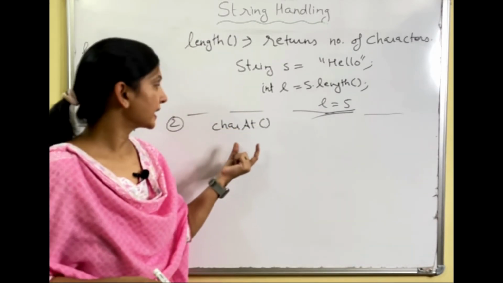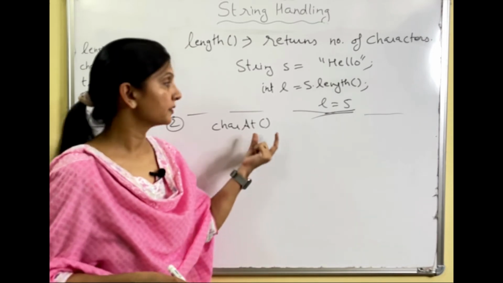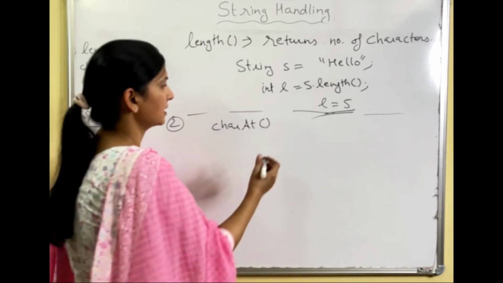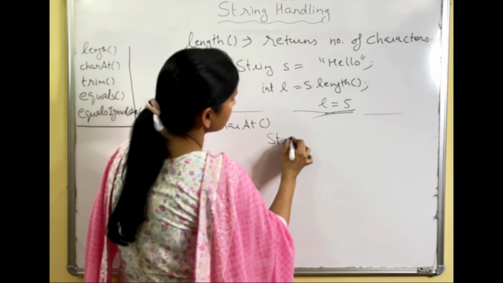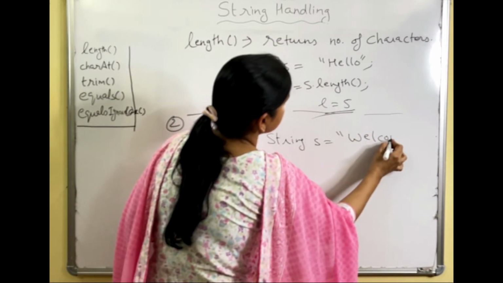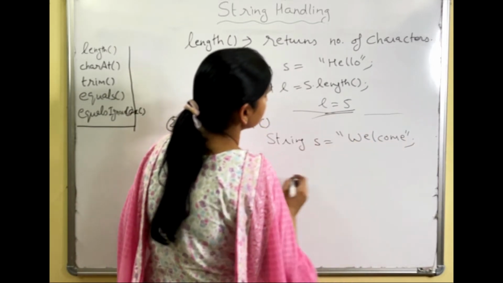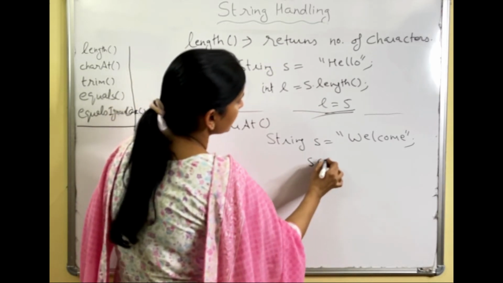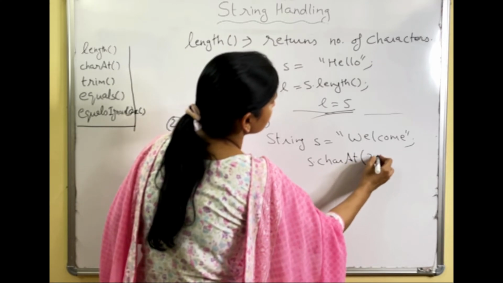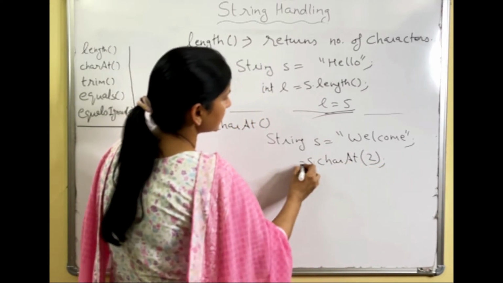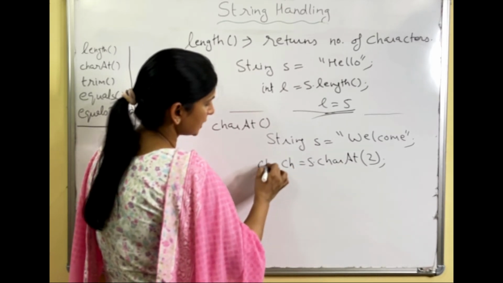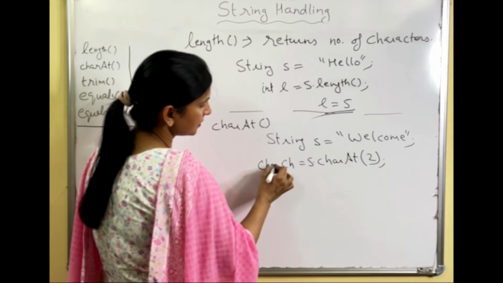Now the second is charAt. So what is charAt? charAt is the method which accepts the index as an argument and returns the character. For example, if I say String s equals to welcome, and s.charAt(2), and charAt returns a character, so I will store it in a ch variable of which data type?